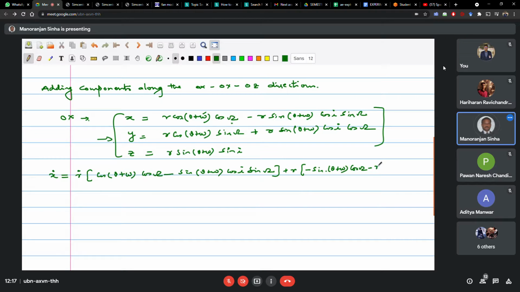minus r cos(theta plus omega) sin capital omega times theta dot. Here r as usual we get it from this equation, L by 1 plus e cos theta.